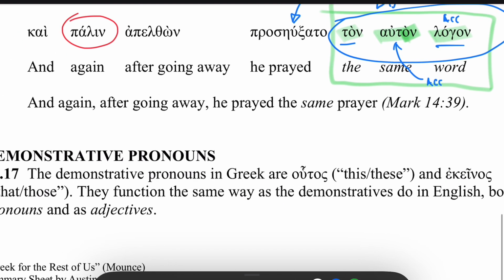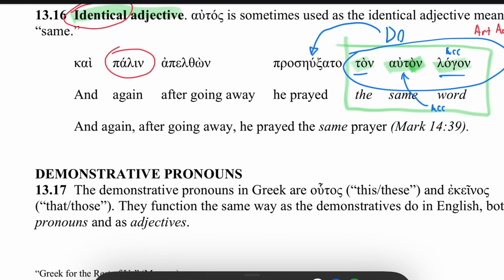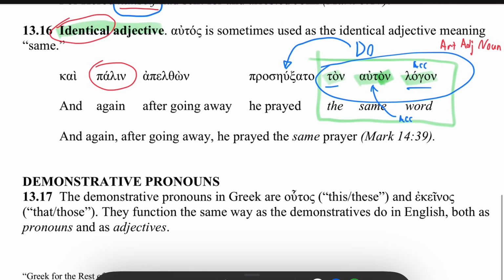All right. So now on to demonstrative pronouns. We talked about personal pronouns. Now we're talking about demonstrative pronouns. Just a very short section here, 13.17. The demonstrative pronouns, just like what we have in English, where we have a near demonstrative and a far demonstrative. So our near demonstrative is this or these.